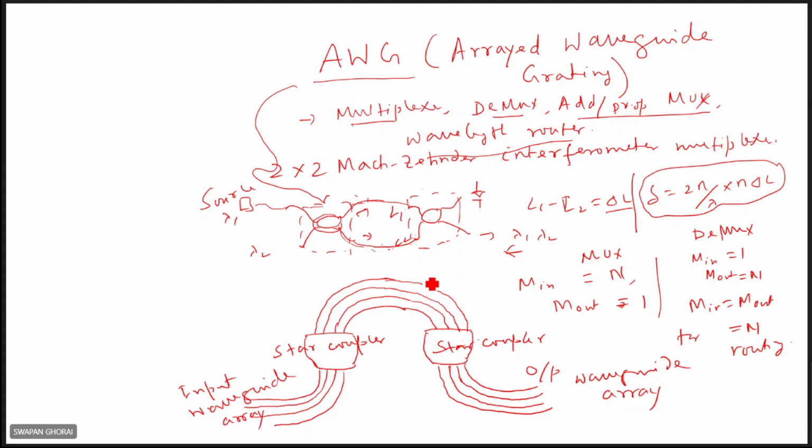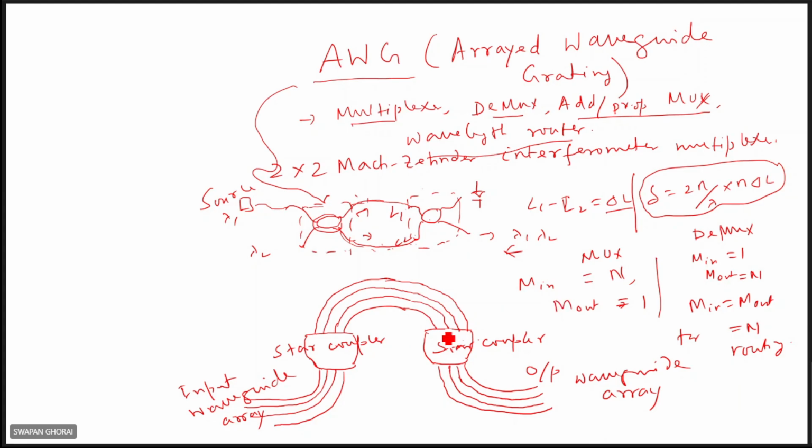And N uncoupled waveguides can be there in the central region. The two star couplers are there, with just Mach-Zehnder type arms. Here it shows only two, but many such Mach-Zehnders will be there. So you can say Mach-Zehnder type gratings, and it can be used for multiplexer and demultiplexer.